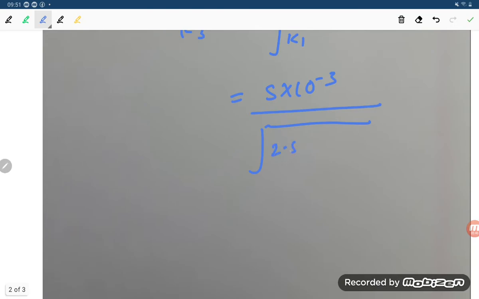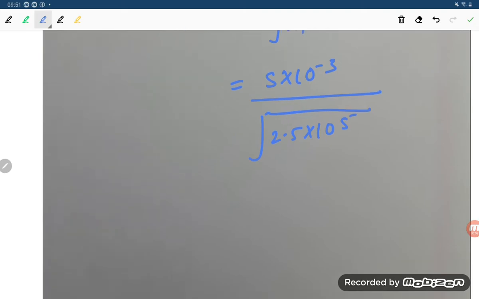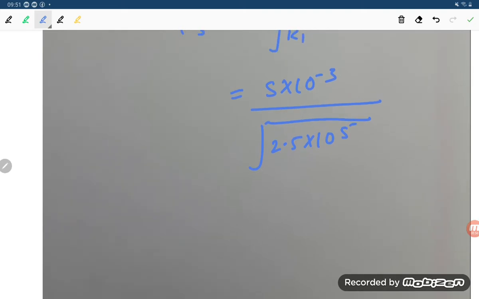Remove the decimal: root of 25 into 10 power 4. Root 25 is 5, and root of 10 power 4 is 10 power 2.